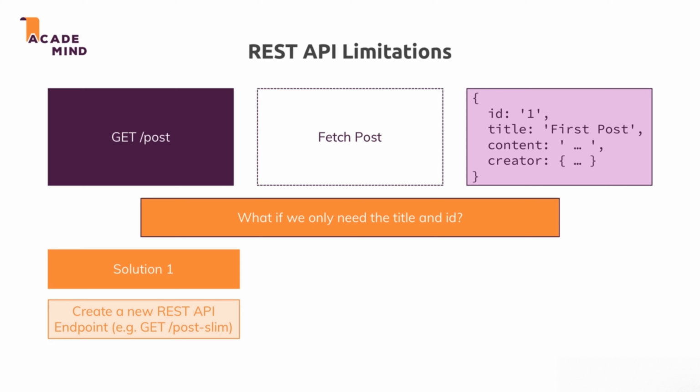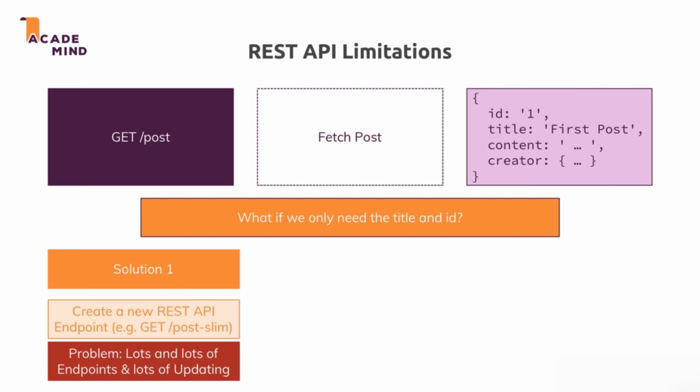So our solution could be to simply create more endpoints that simply return the data you need for each of these endpoints. The problem is you'll have a lot of endpoints and you'll have to update them continuously, and you also have a very unflexible solution here.